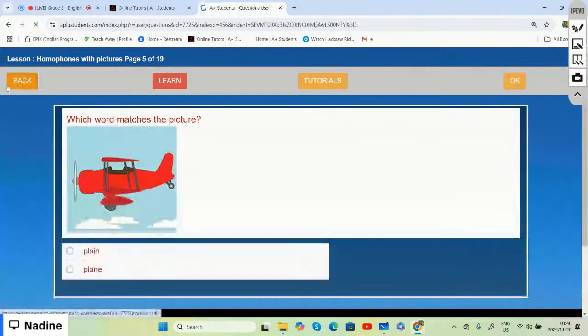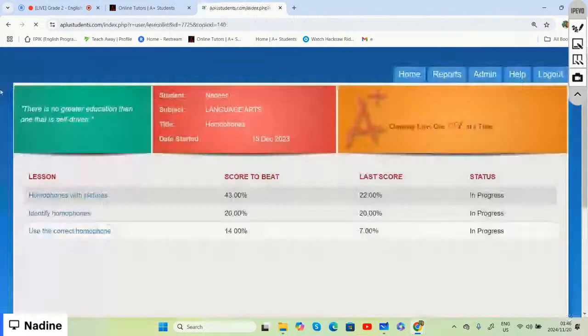All right. So this is now the end of our lesson on homophones. We see that homophones are words that sound the same, but the spelling and the meanings of these words are different.